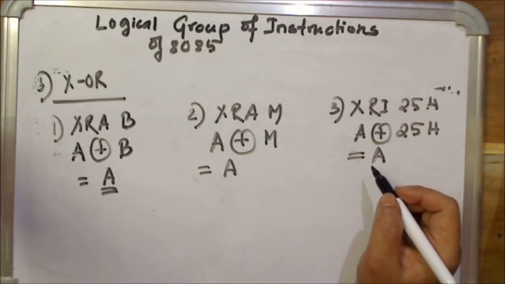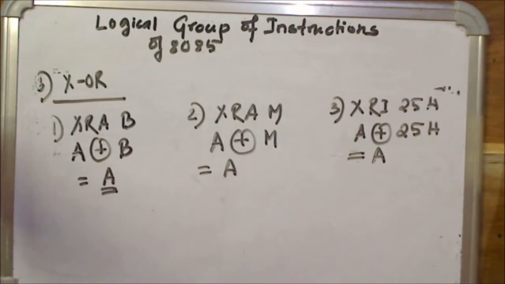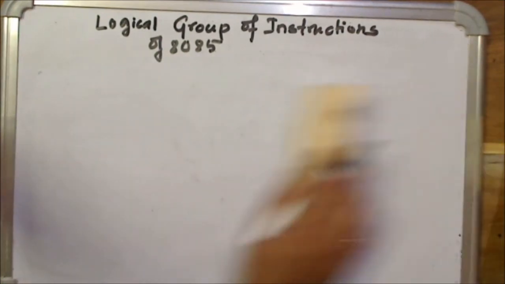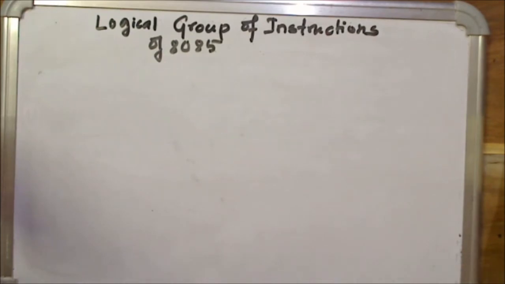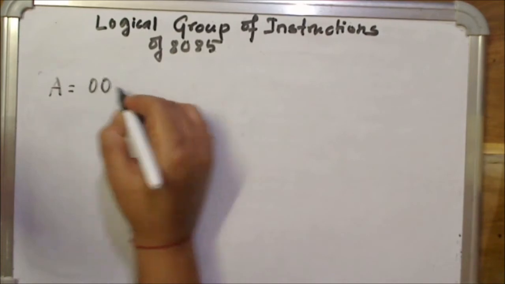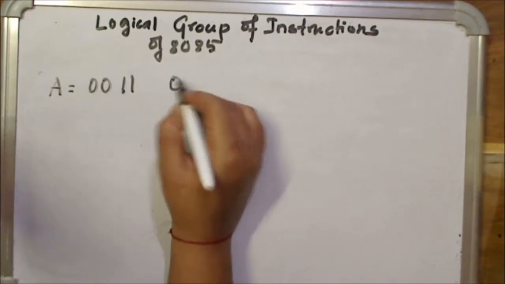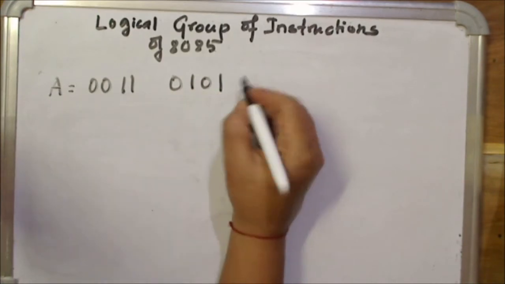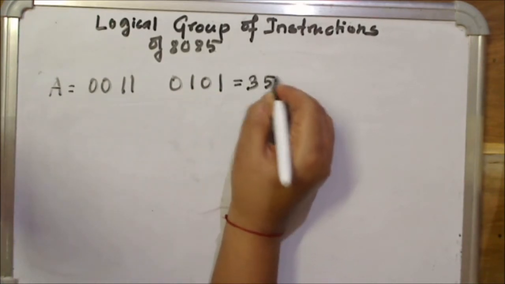They are very simple. Now let's see their use, where these instructions are used. Now suppose A has some random data, let's take 00110101. So this is your data, that is, it is 35H.